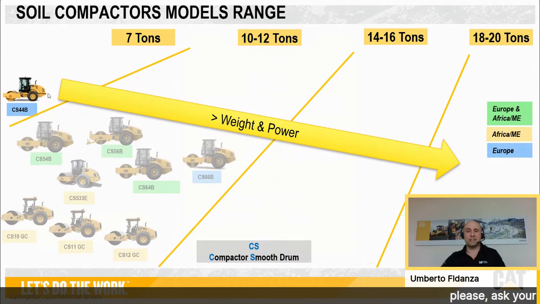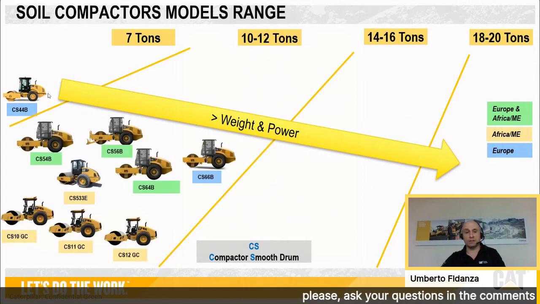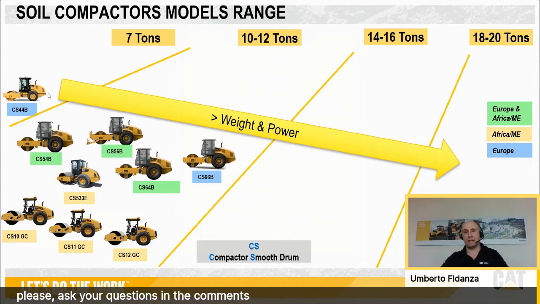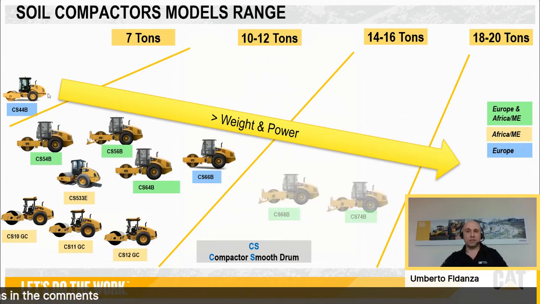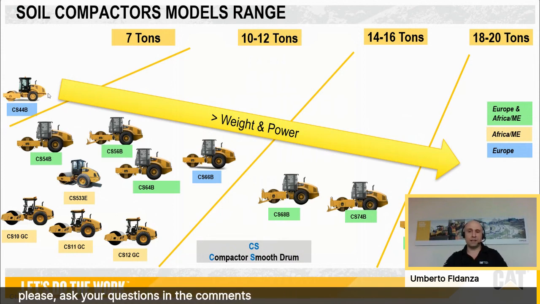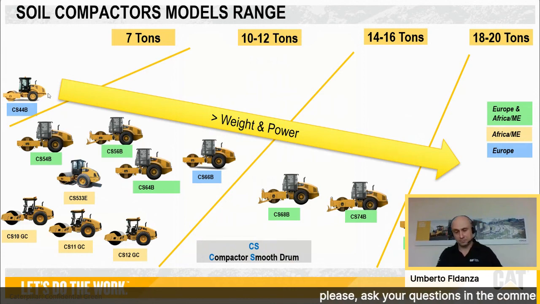So we move to the 10 to 12 tons size class, which is the most used in standard road construction application, and then 14 to 16 tons when layer thickness increases, and 18 to 20 tons for largest infrastructure, thicker layers. I'm thinking dams, railway bases, airport bases.